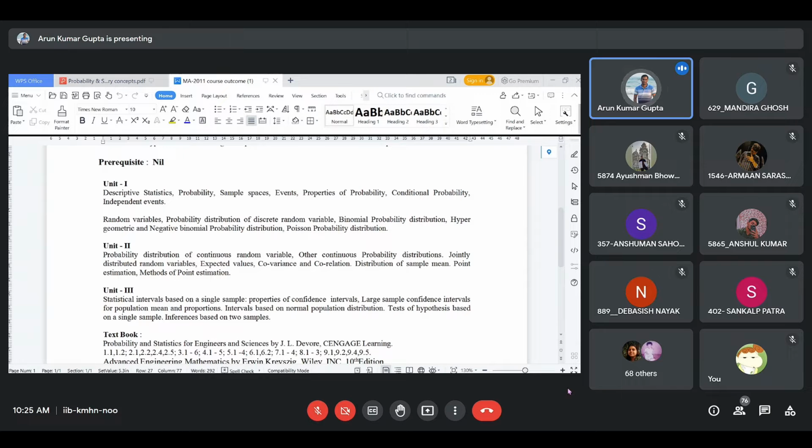Theoretical concepts are designed, these distributions: binomial, Poisson, geometric, which you are seeing here on the screen. Those are all theoretical concepts developed in probability, and with the help of these distributions we want to solve several types of problems, coming under a single category which we call a distribution.